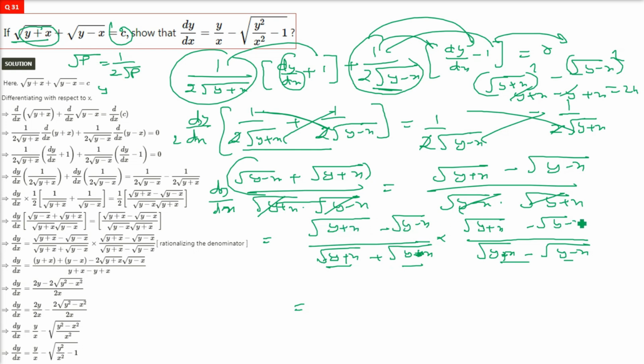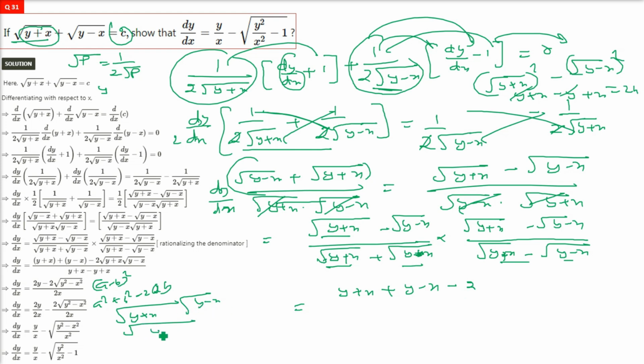And a minus b and a minus b, so the numerator will be a minus b whole square. A minus b whole square is a square plus b square minus 2ab. A square, you can just remove the root, so y plus x plus y minus x, minus twice of under root y plus x into y minus x, which is a plus b into a minus b, a square minus b square.